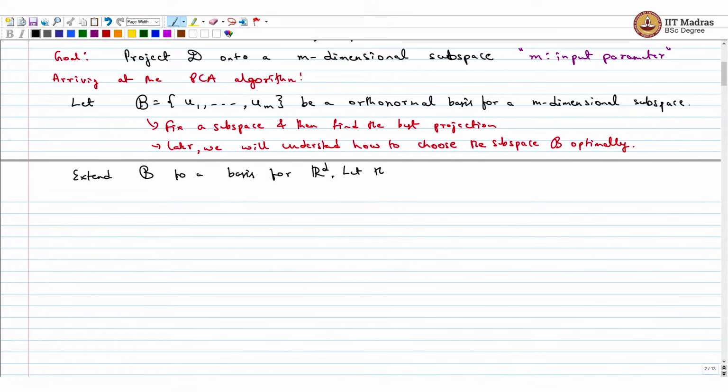Let this extended basis be u1 until um, and then you add the remaining d minus m vectors, um plus 1 until ud. So this is a basis, an orthonormal basis.